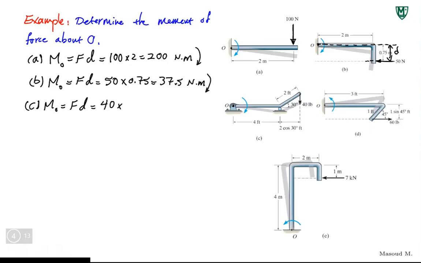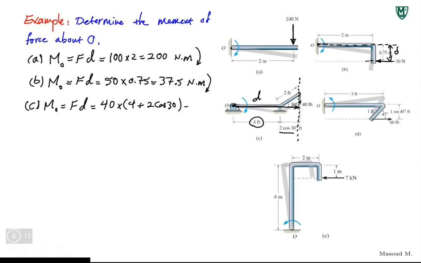So if you look at the direction, the action line for this force, yes, we got there slowly: 4 plus 2 cosine 30. If this is the line of action for this force, the perpendicular distance would be this distance. This is D, and that D would be 4 plus 2 cosine 30.